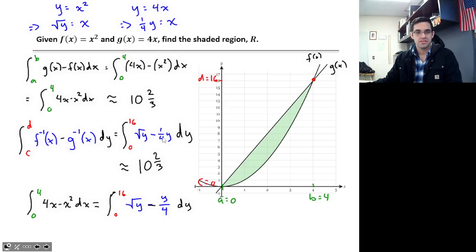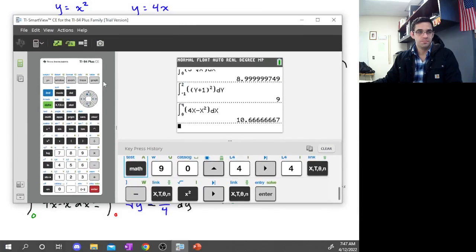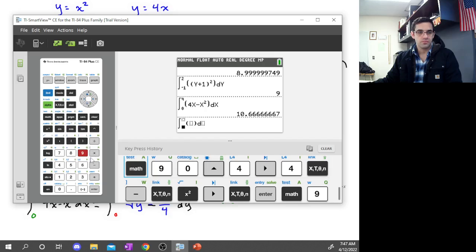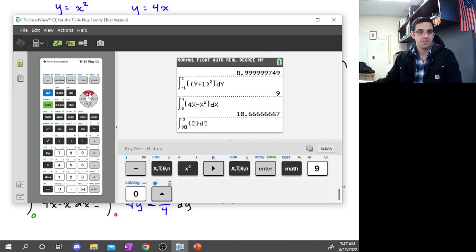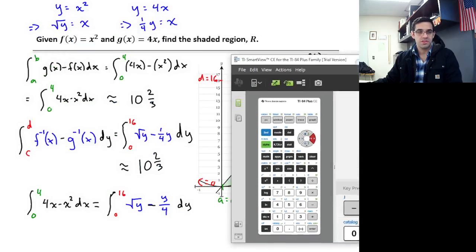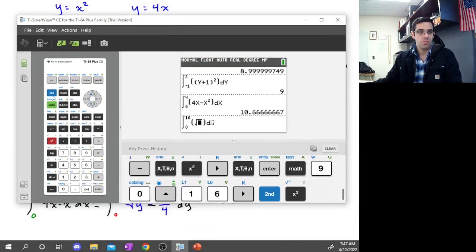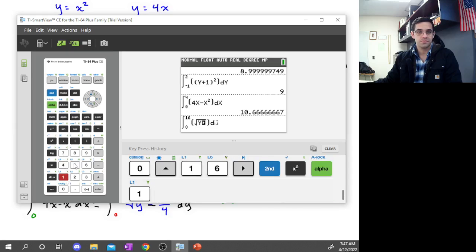If I plug this into our calculator straight up, we'll go math 9, we're integrating from 0 to 16 are our y values. And I'm just going to leave the functions as is. The square root of y, is alpha 1, minus, I'm going to put y divided by 4.